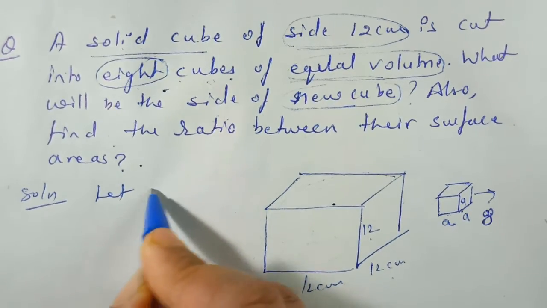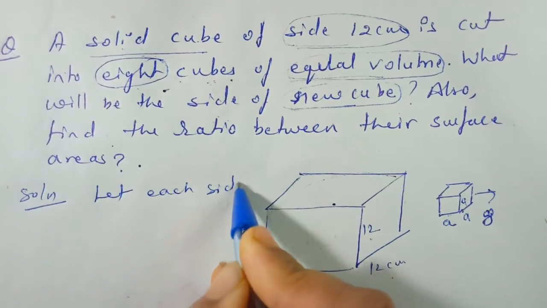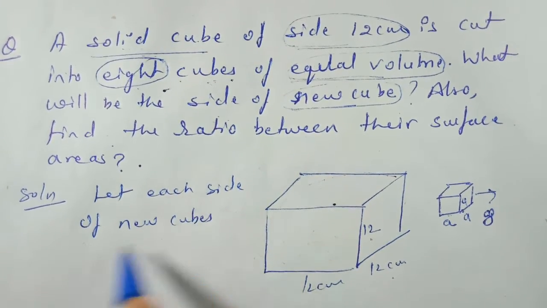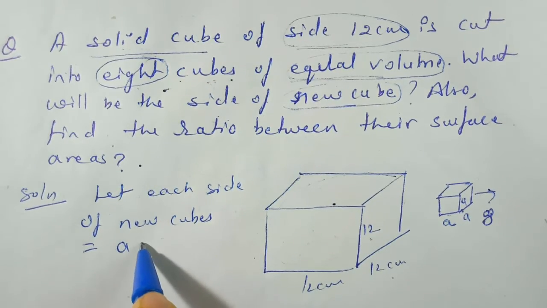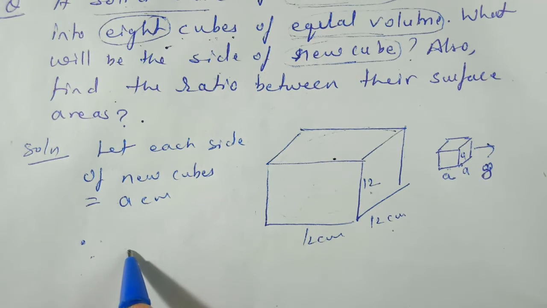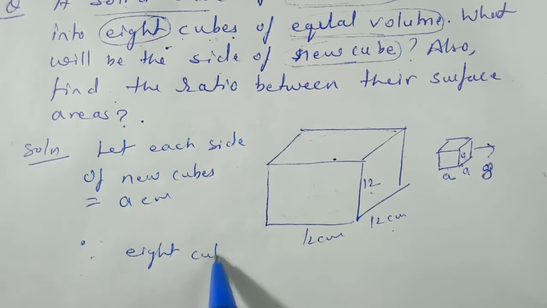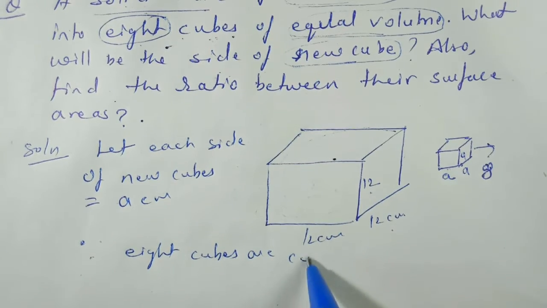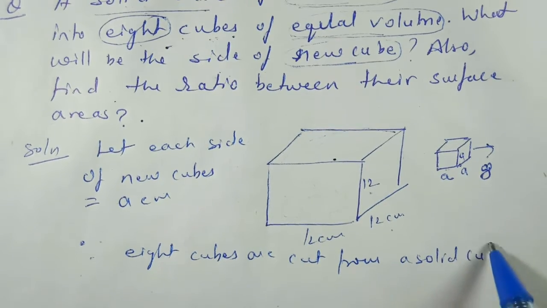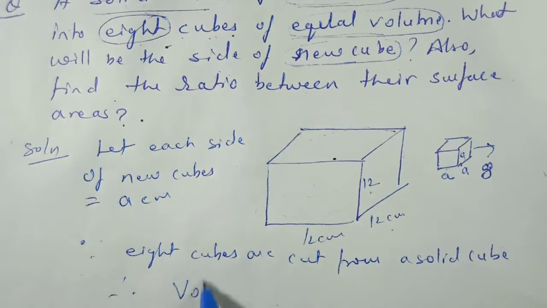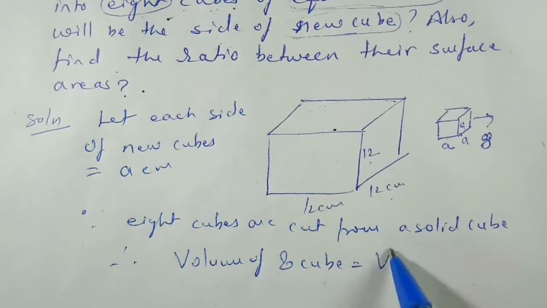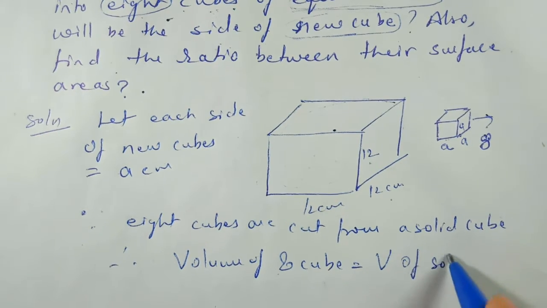Let each side of the new cubes be equal to A centimeter. Since 8 cubes are cut from a solid cube, therefore the volume of 8 cubes is equal to the volume of the solid cube.